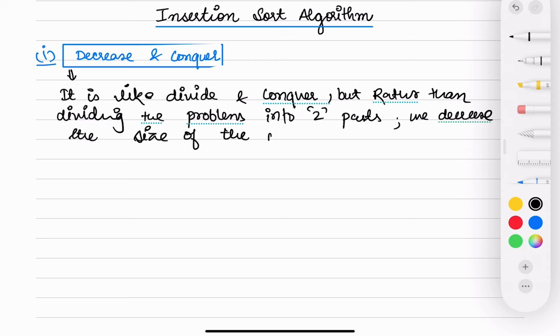Okay, we decrease the size of the problem instance.